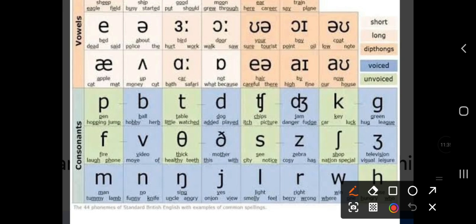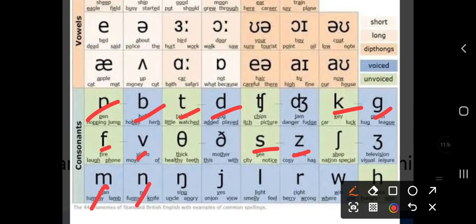which have been taken from the 26 letters, like P, B, T, D, K, G, right? F, V, S, Z, right?